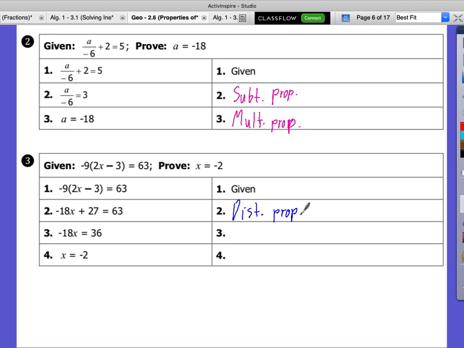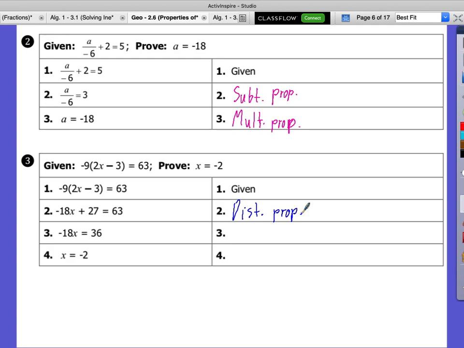How do we go from here to here? From here to here? Distribution. Distributive. Does that make sense? Okay. I understand your question.